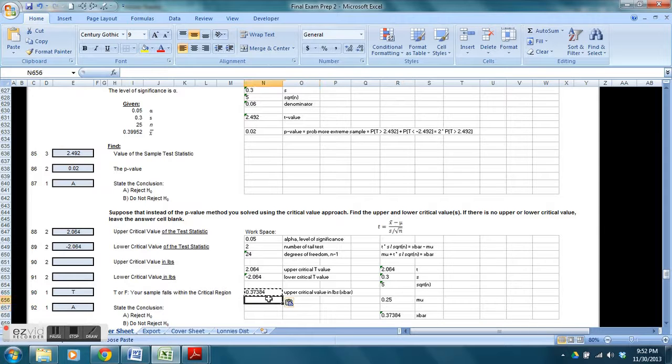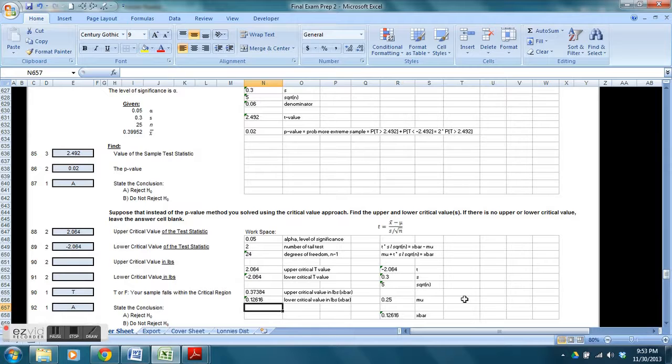To get the lower critical value, we simply do the same thing, but instead of using the upper critical t value in this formula, we use the lower critical t value, which is negative 2.064. So if I just drag this down here, our formula is the same. So we get our lower critical value in terms of x bar.